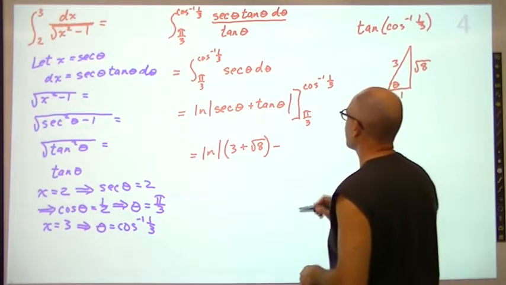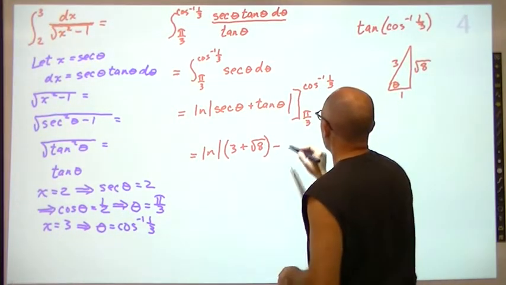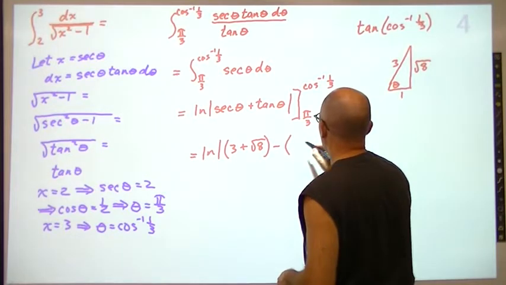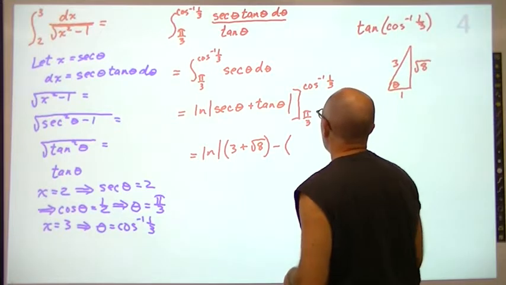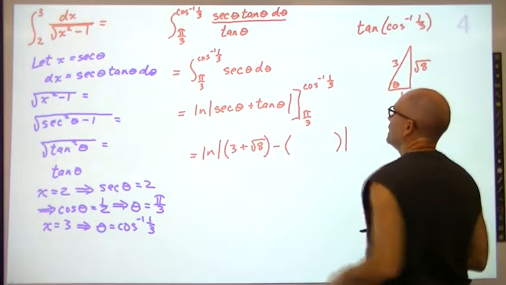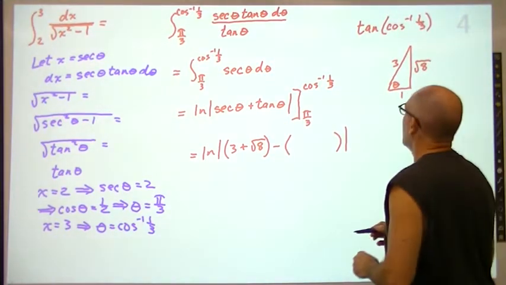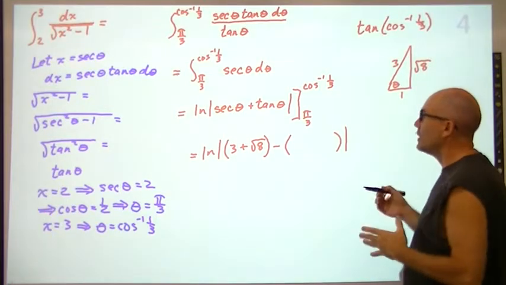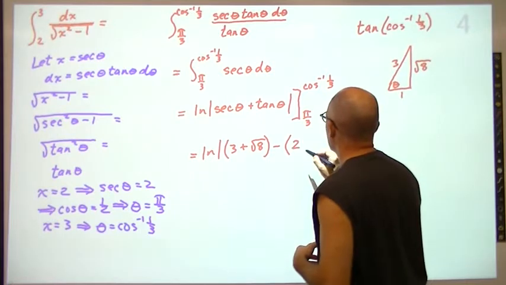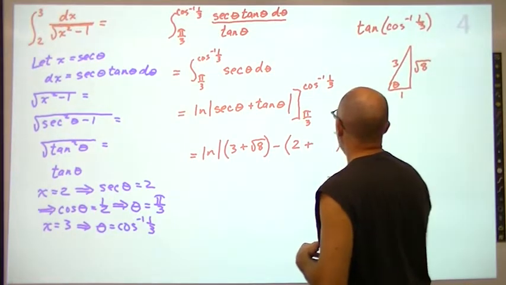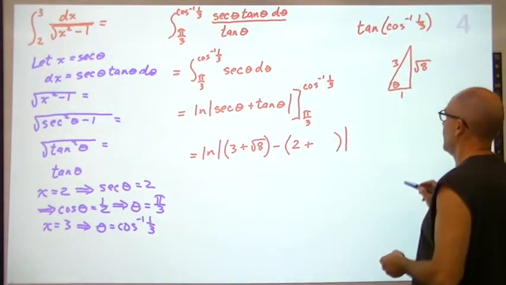Minus, now we put pi over 3 in. So what is secant pi over 3? Well, we knew that cosine pi over 3 is 1/2, so secant pi over 3 is 2. And what's tangent pi over 3?